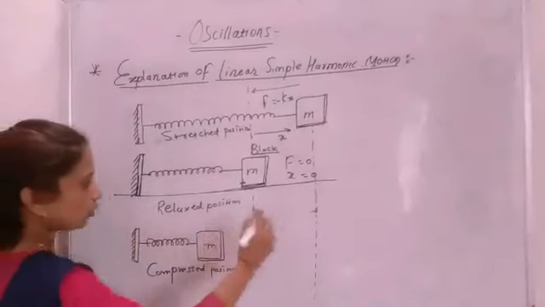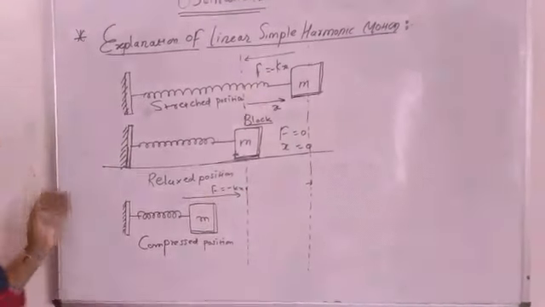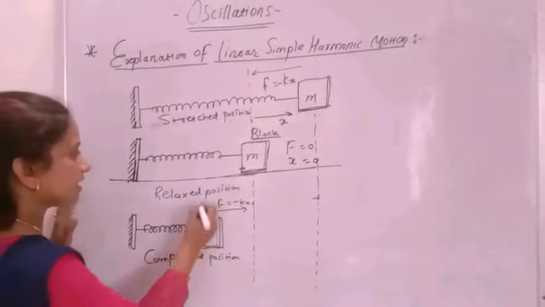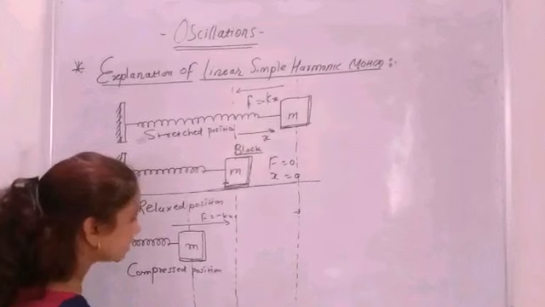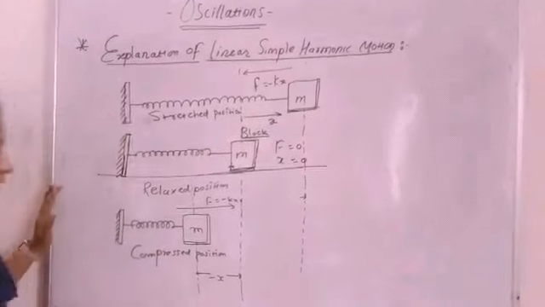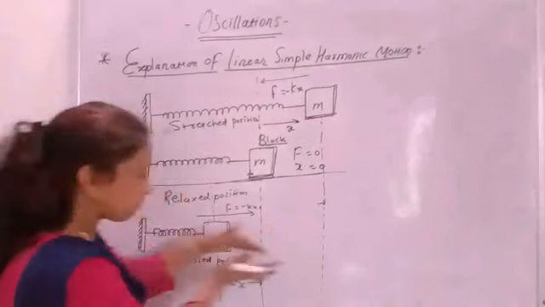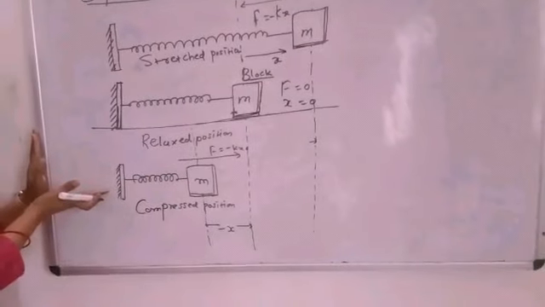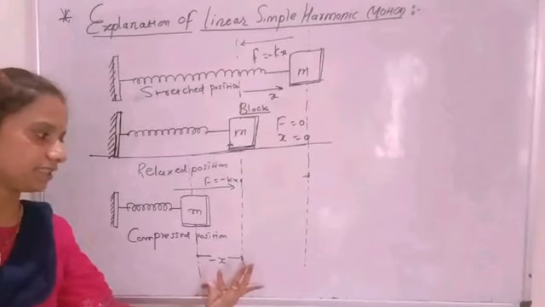The force is now in the outward direction, and the displacement is now minus x, because the force is outward and the displacement is inward, towards the mean position. Hence, force and displacement are oppositely directed.